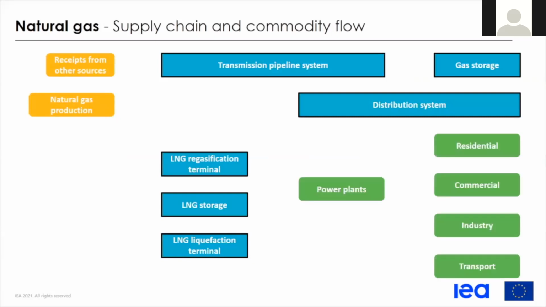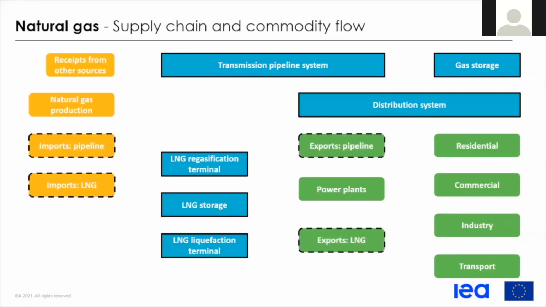Finally, at the end of the chain, natural gas is consumed in different sectors, such as the heat and electricity generation in power plants, or water and space heating in the residential and commercial sectors. Another very important part of the supply chain is the trade. Natural gas can be imported and exported through pipeline and liquefied.